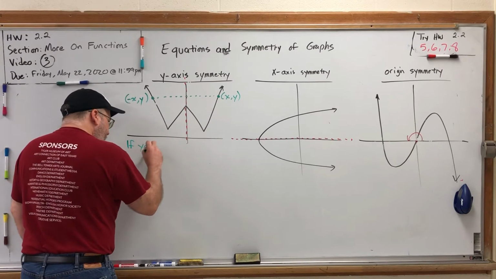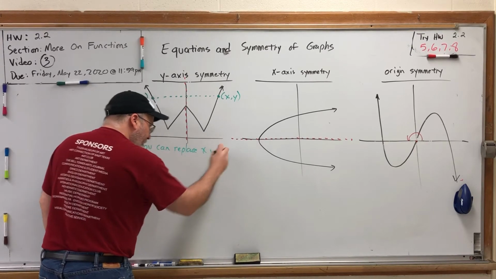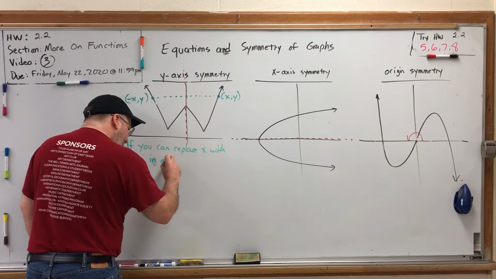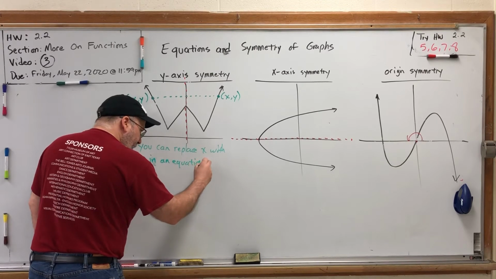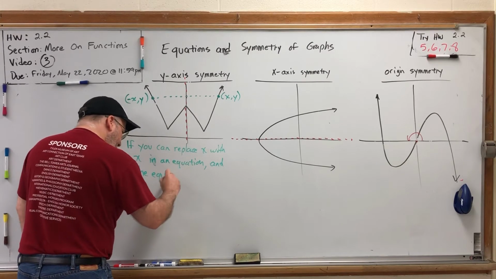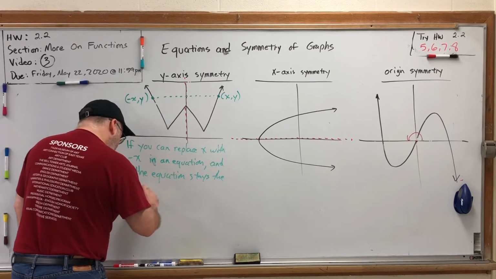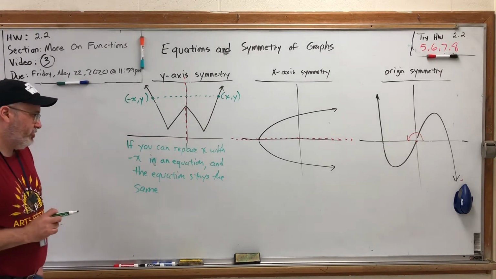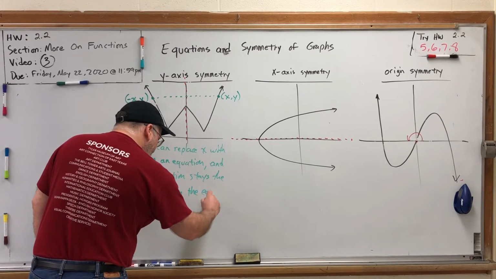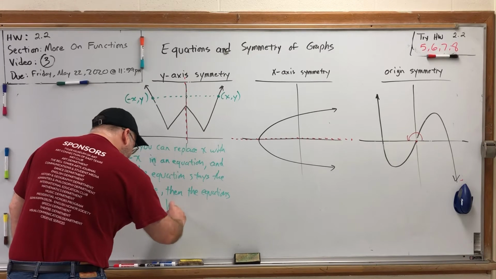If you can replace x with negative x in an equation, and the equation stays the same, so in other words, if sticking a negative on the x doesn't change the equation, then the equation's graph has y-axis symmetry.